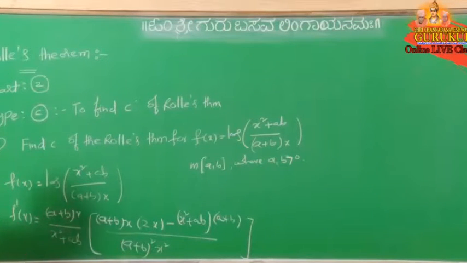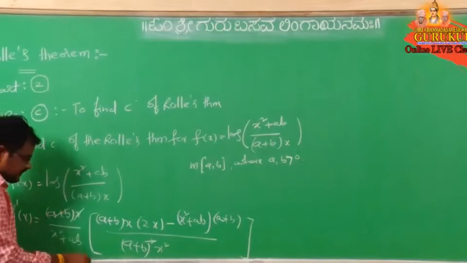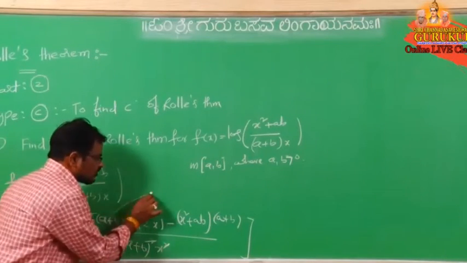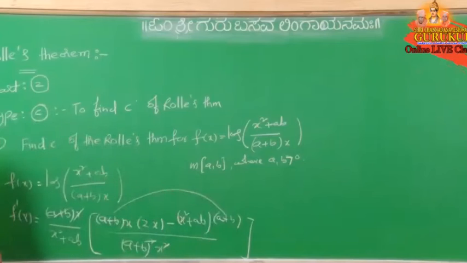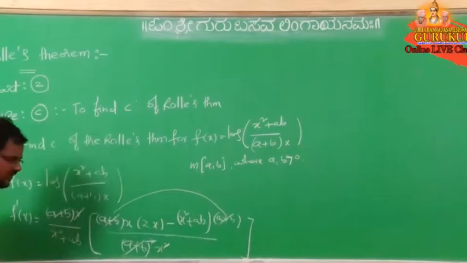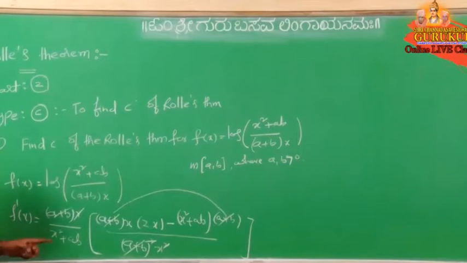Now we have to simplify. Once you see here, one a plus b gets canceled, no? And here, x gets canceled, and also in these two, a plus b is common and you can cancel it. What is remaining?